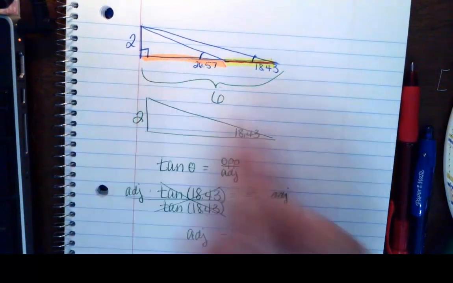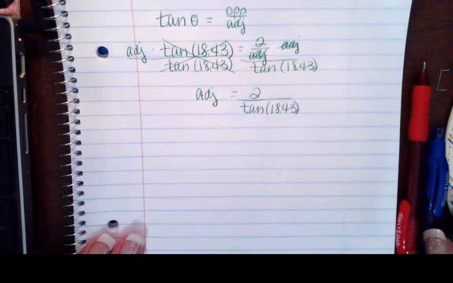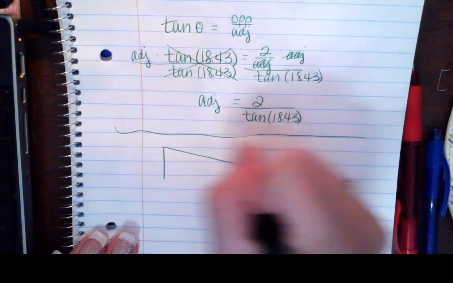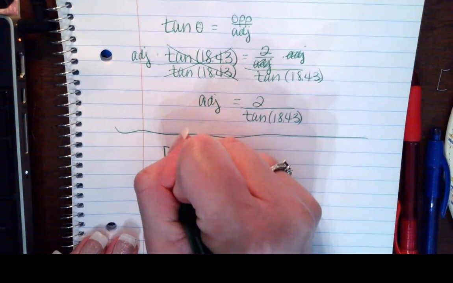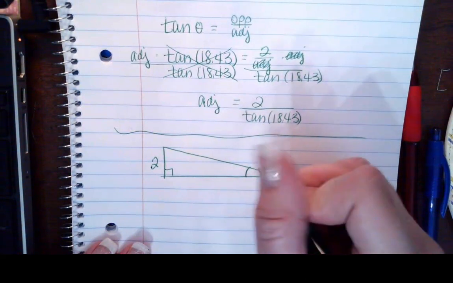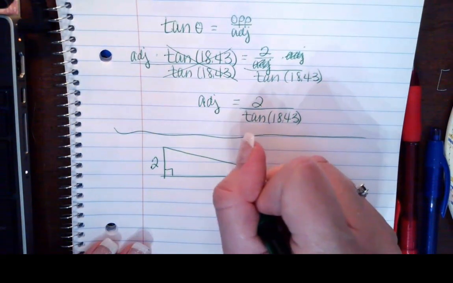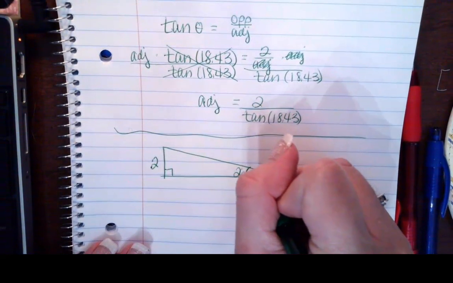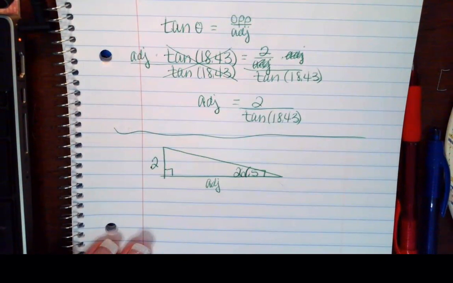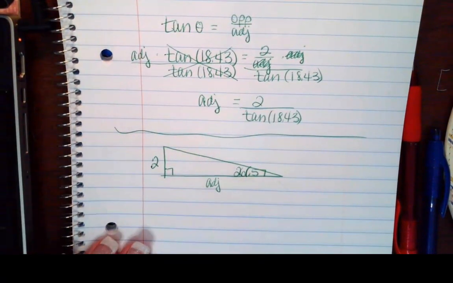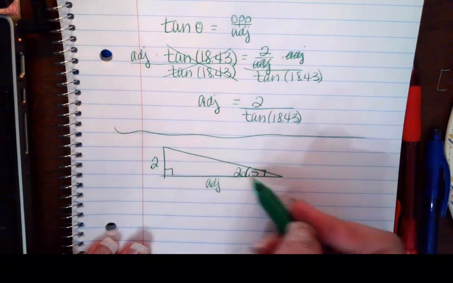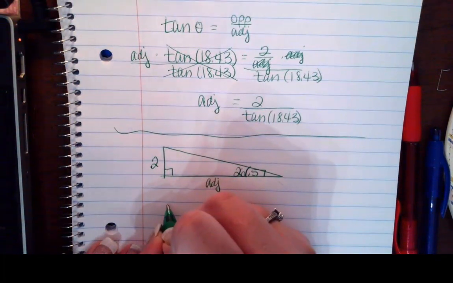Okay, so the full side is 6 units long. We're going to find this orange part now, so I'm going to draw another triangle. So this triangle has a height of 2, has an angle measure of 26.57, and I'm trying to find the adjacent side. So if I'm looking for the adjacent side, and I know the opposite side, that means I'm going to use tangent.